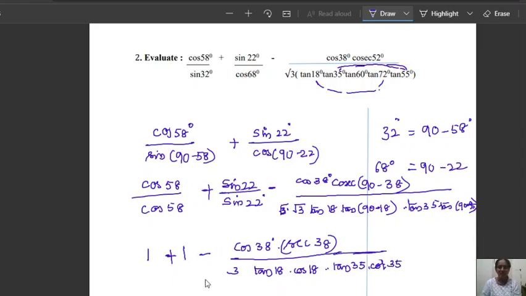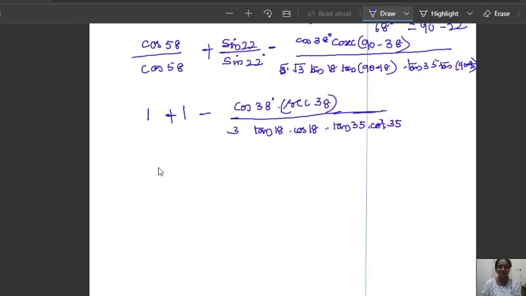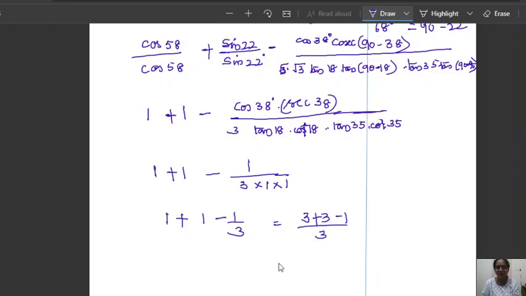So 1 plus 1 plus 1 minus 1 divided by 3 into tan 18 into cot 18, it is 1 and once again it is 1. It is 1 plus 1 plus 1 by 3. Now take the LCM. 3 plus 3 plus 3 minus 1 divided by 3. The answer is 5 by 3.